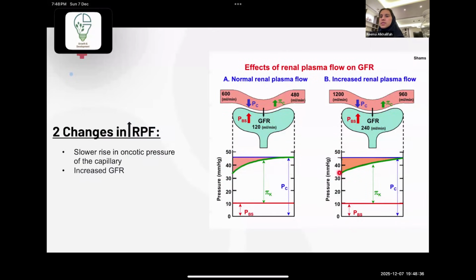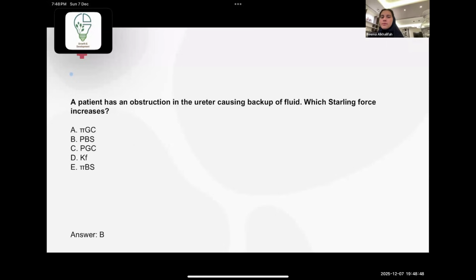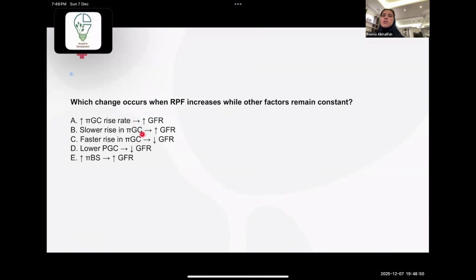Here, as you can notice, there's a slower rise in oncotic pressure, unlike here, and GFR also increases because, for instance, if the amount of renal plasma flow is doubled, the GFR also doubles, okay? So a slower rise in the oncotic pressure of the glomerular capillary allows more blood to be filtered, okay? Any questions so far?